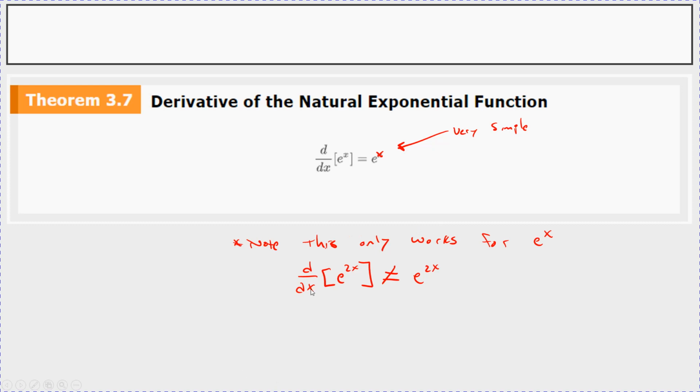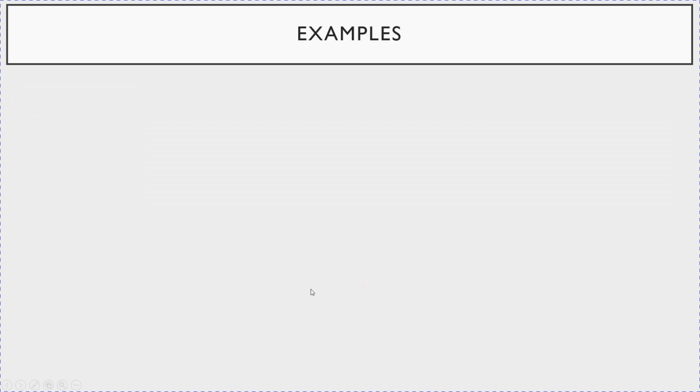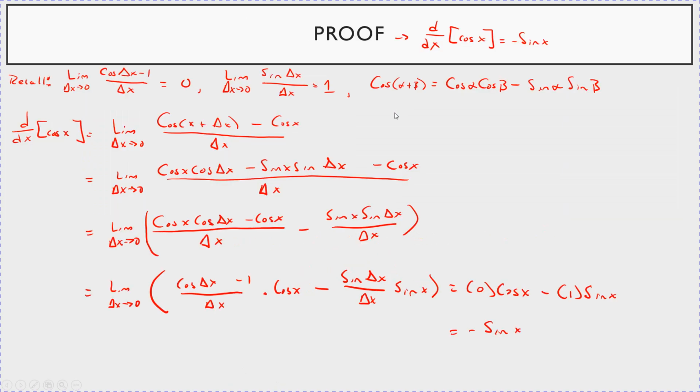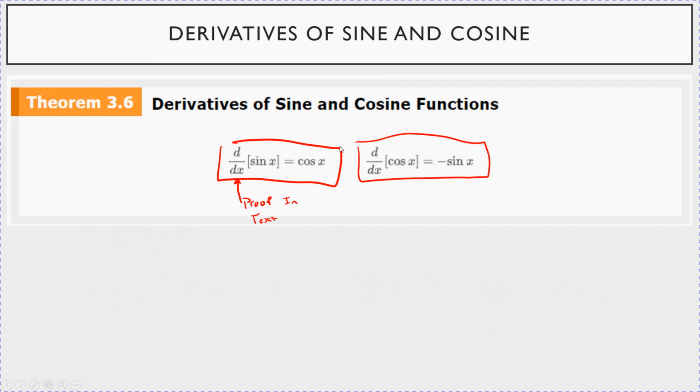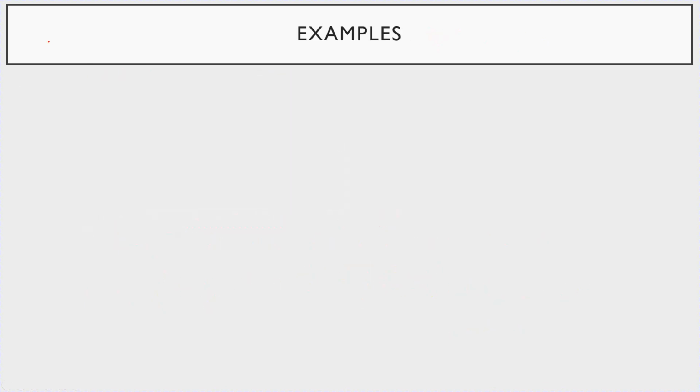All right, so let's do some examples. All right, so just always remember, derivative of sine is cosine. The derivative with respect to x of cosine of x, that's equal to minus sine of x. And then the derivative with respect to x of e to the x is just e to the x.